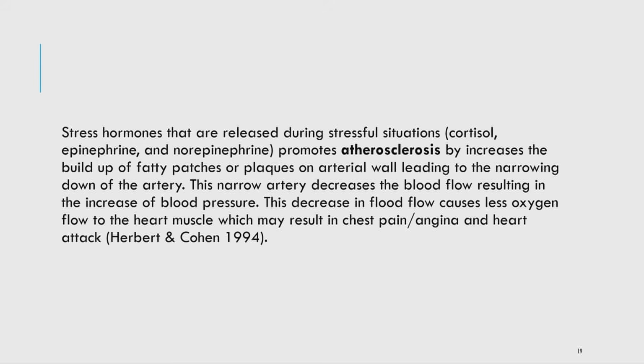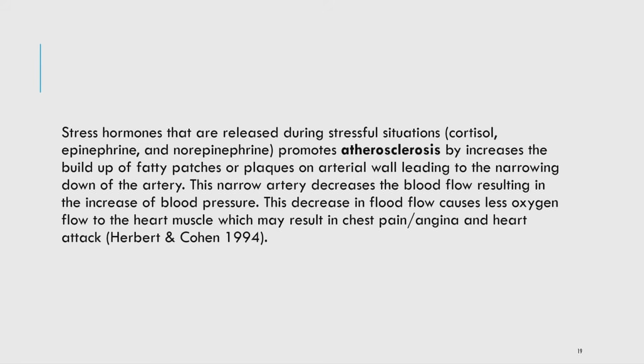So, we have discussed it, it basically means it blocks the arteries by increasing cholesterol level, by increasing the buildup of fatty patches or plaques on the arterial wall, which leads to the narrowing down of the artery. So, the artery is narrowed down because of buildup of plaques and fatty patches in the arterial wall.